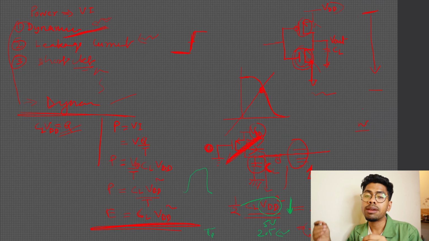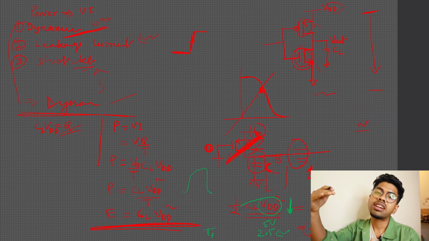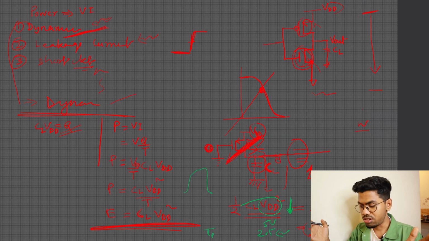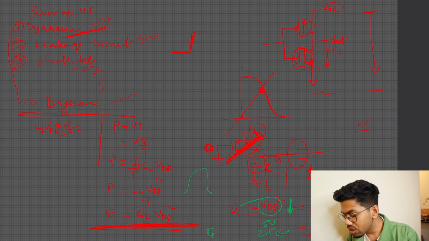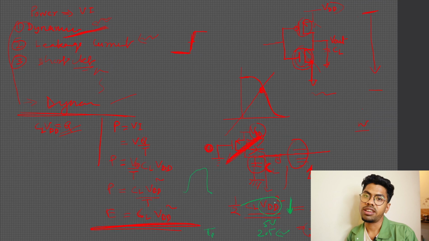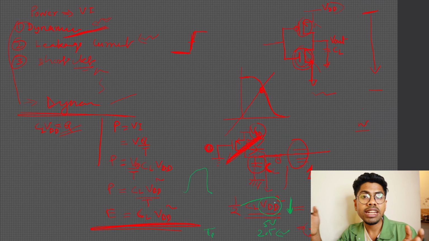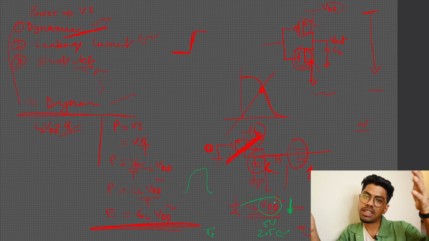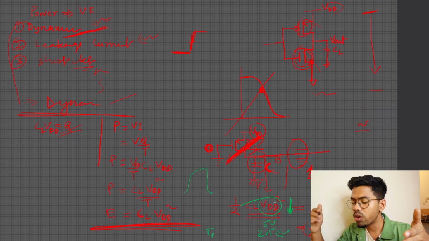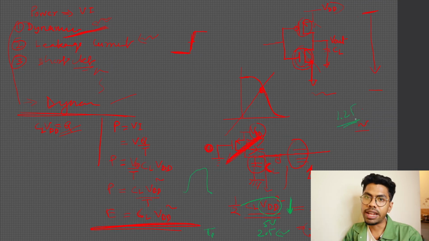Rise time and fall time will increase if you reduce the VDD, and if you increase the VDD, then rise time and fall time will decrease. So that means we can't go on reducing our VDD. There is a hard limit, and most of the time when you design a circuit, there is an external dependency which will say, hey, you can use only 1.25, you can't go lower than that.